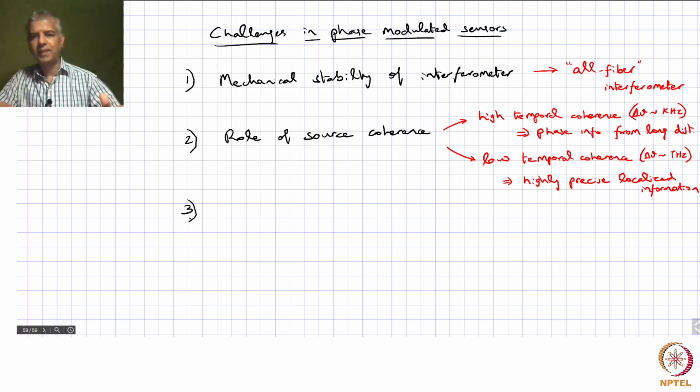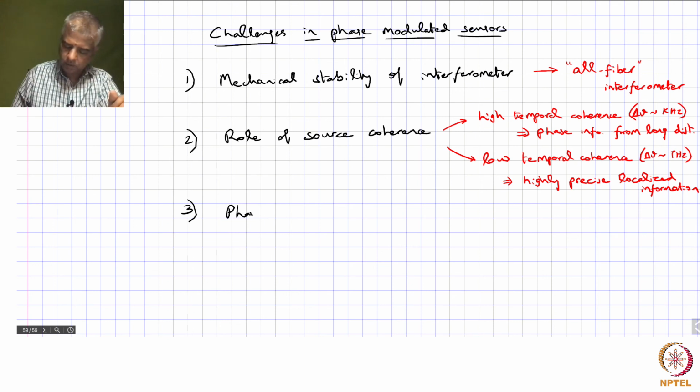But there are other challenges. One of the other challenges that we normally face with phase modulated sensors is that you are typically having to deal with noise, right? So that's a common sort of enemy for all our measurements. So what is noise? As far as phase modulated sensors goes, that corresponds to phase fluctuations that you have to deal with.